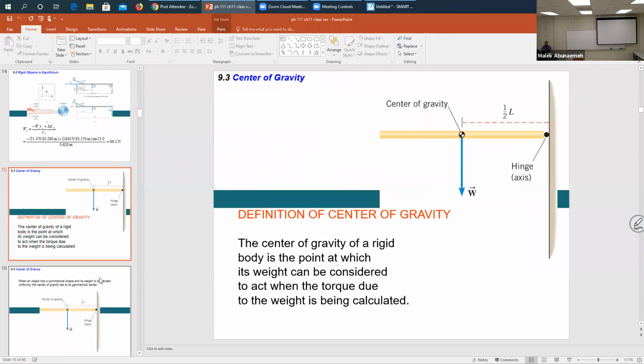Now, we talked about center of gravity. So let's define the center of gravity. The center of gravity of a rigid body is a point at which its weight can be considered to act when the torque due to the weight is being calculated.